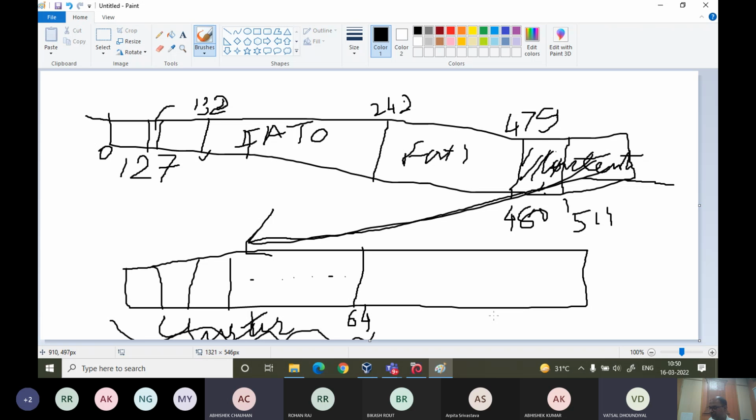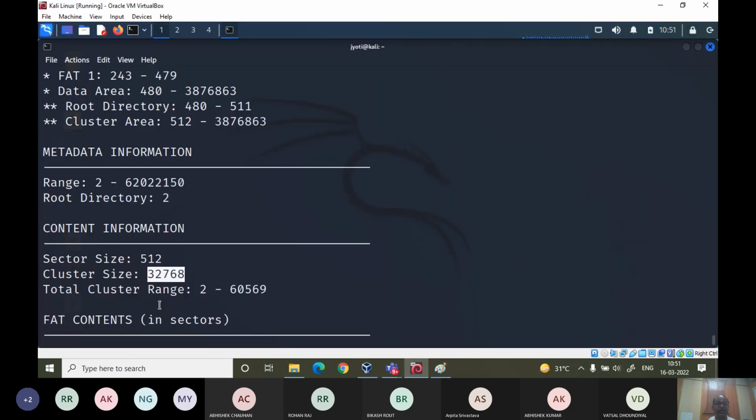Yes, sir. So when a file is being created, a file will get at one go 64 sectors together. एक साथ 64 sectors उसको मिलेंगे, जिसको वो cluster बोलता है. And you can see in this case, the minimum space which will be allocated to one file will be this much, 32768.